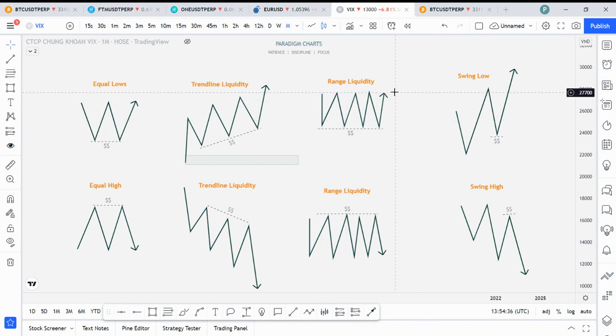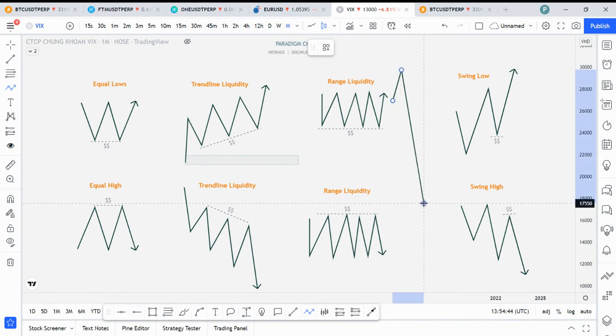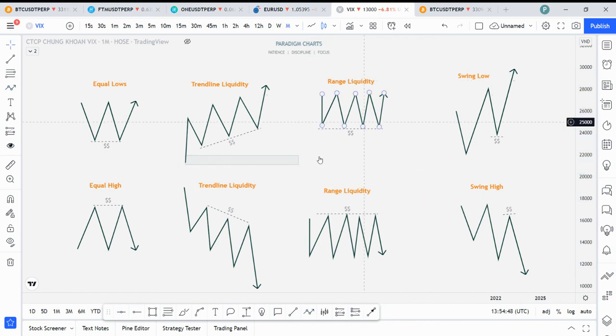So if a range is formed like this, when price takes out one end of the range, then you see an aggressive drop. This is the mechanism behind the accumulation, manipulation, expansion setup that I shared on the Telegram group page. You have a range, price takes out the liquidity on one side, and you see it drop.